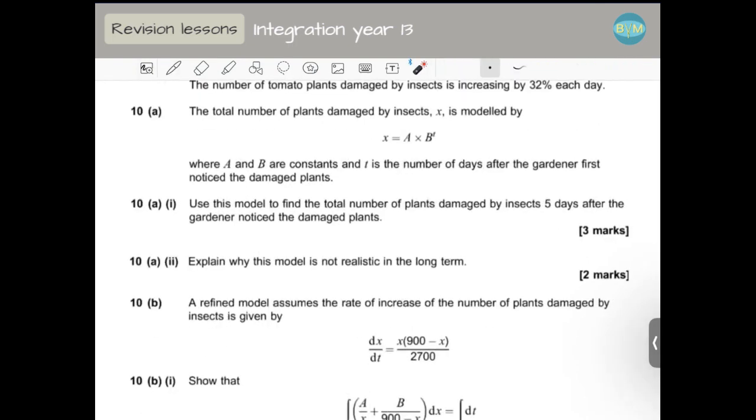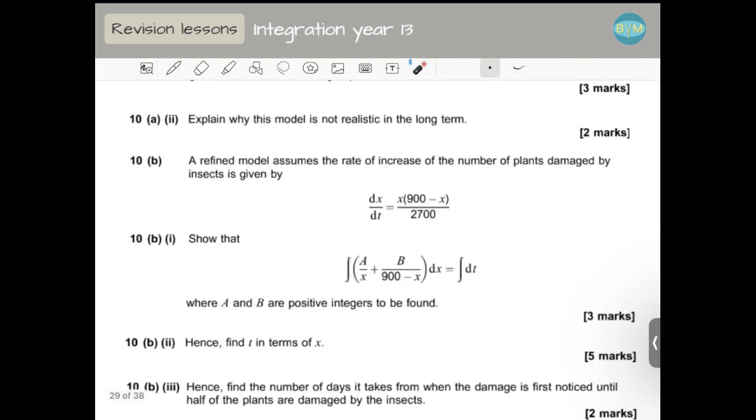So that's what they ask you in this part. They don't ask you to integrate yet. They say, so that you can write it this way, and find A and B, positive integers to be found. Hence, find t in terms of x. Now comes the fun. So we have to integrate that function.